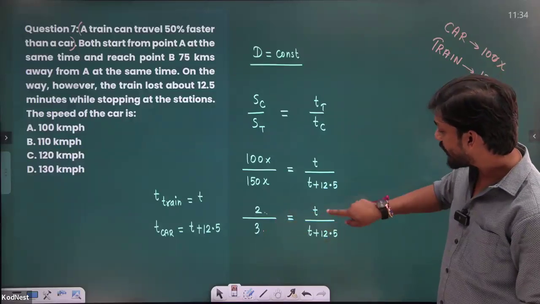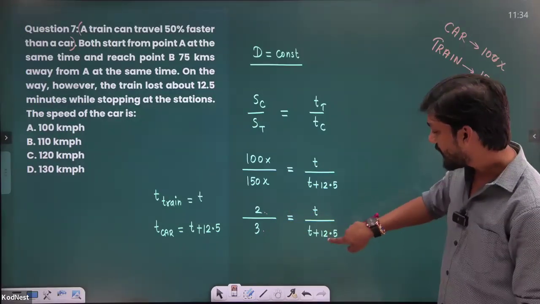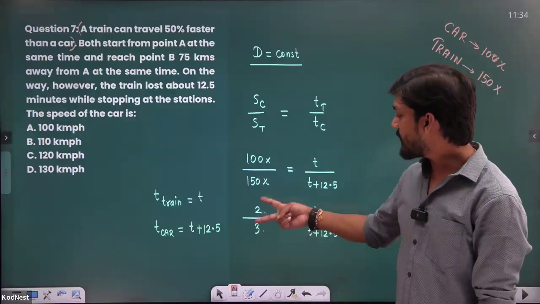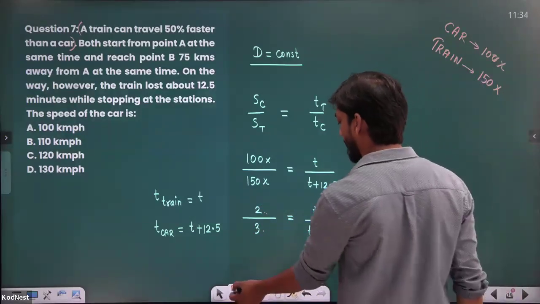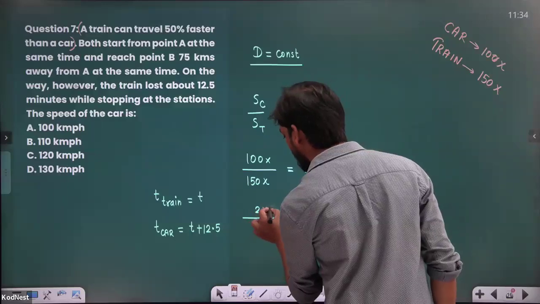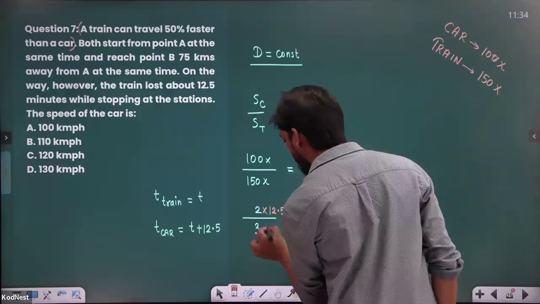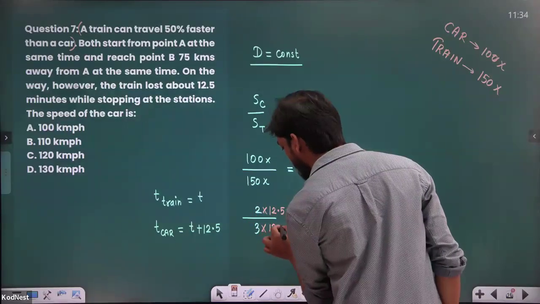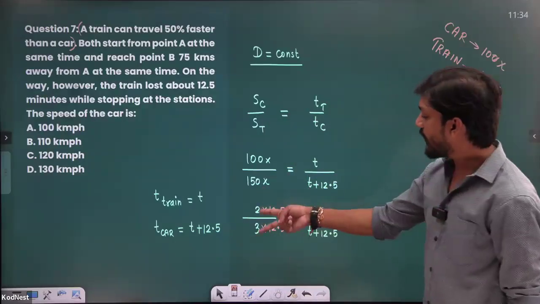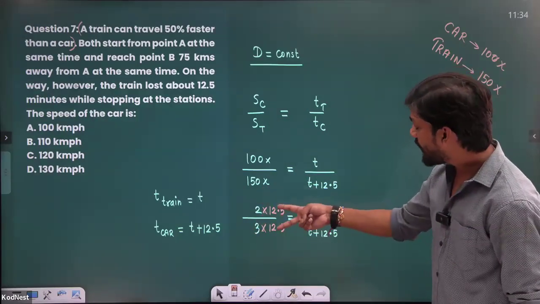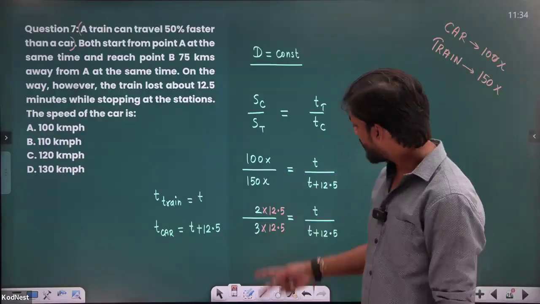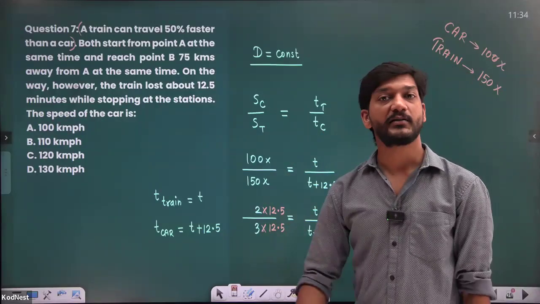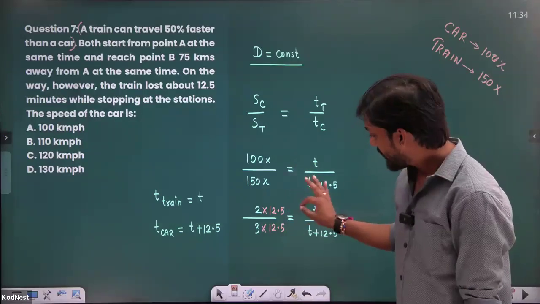Here the difference of denominator and numerator is 12.5. Difference is 1, difference is 12.5. Make it same. To make it 12.5, you will have to multiply with 12.5. Now the difference will be same.